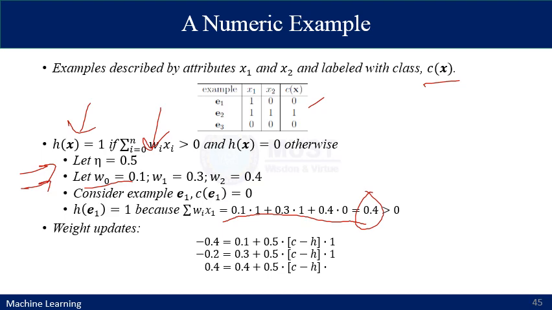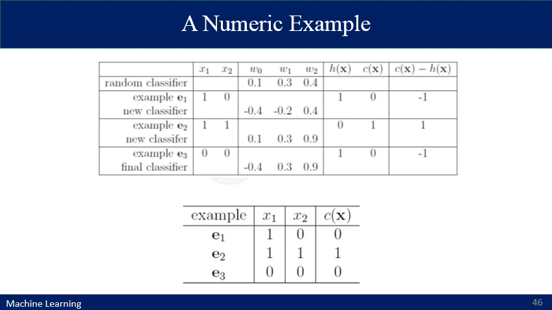So then you employ the previous additive formula to update the weights. As you can see, in the first case your value was 0.4, and then you update the weights, the value is 0.2 and then minus 0.4. So in this case you have the prediction as negative class.